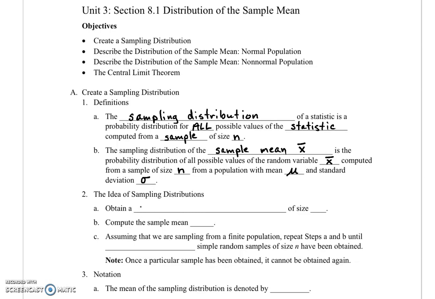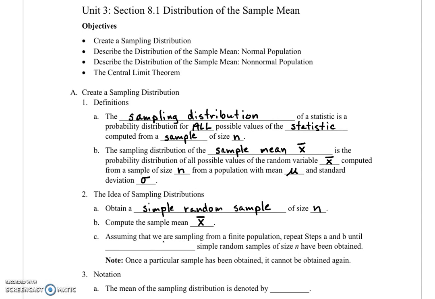So what is the idea of a sampling distribution? The idea is first we get a simple random sample of size n. Then we want to compute the sample mean for that sample we just took, which is x bar.